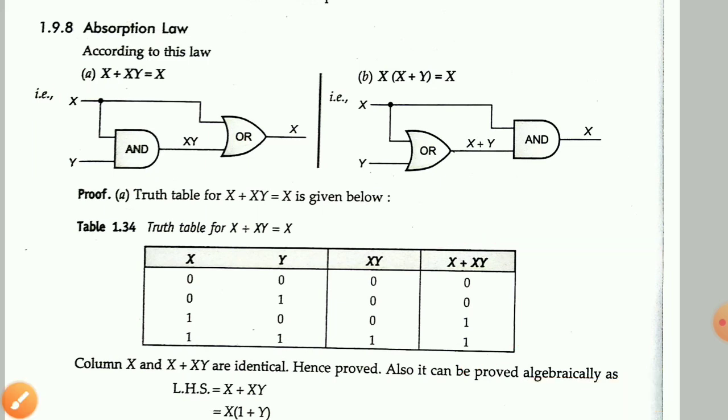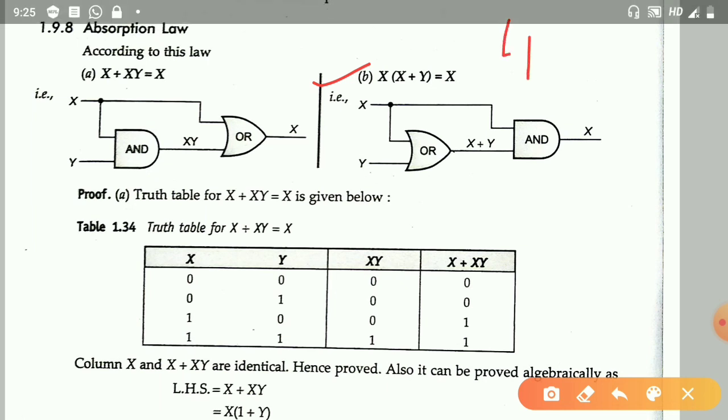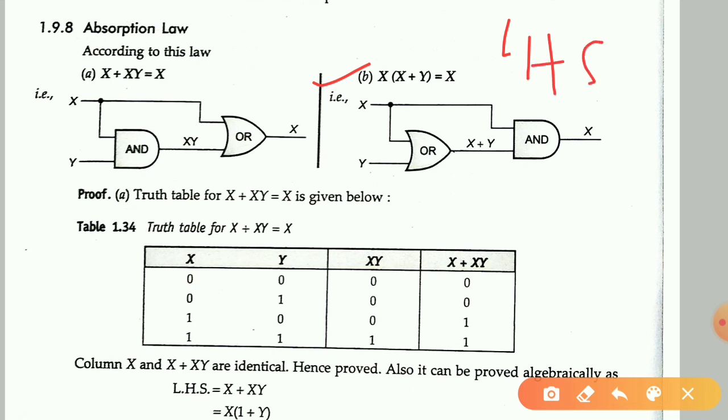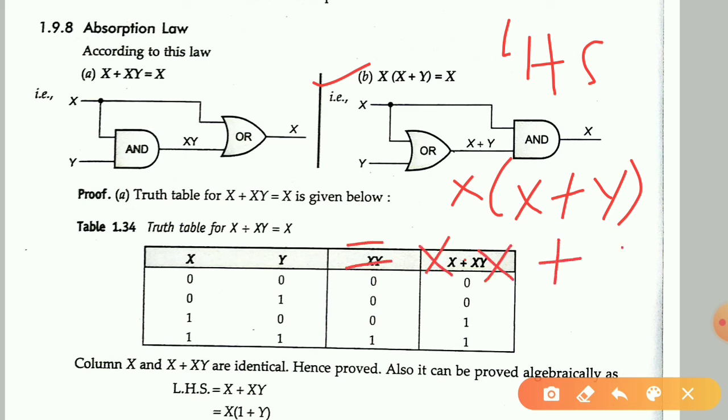Now let's see the second absorption law, x dot x plus y equals x. Let's take the left hand side, that is x into x plus y. We will open the bracket, and it will give you x dot x plus xy. Clear?